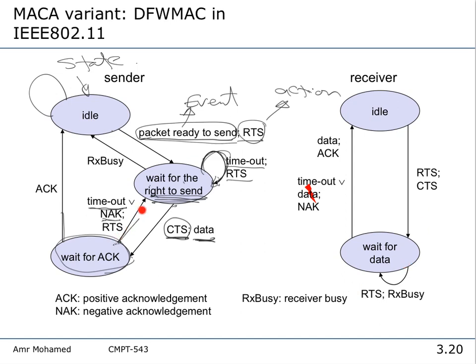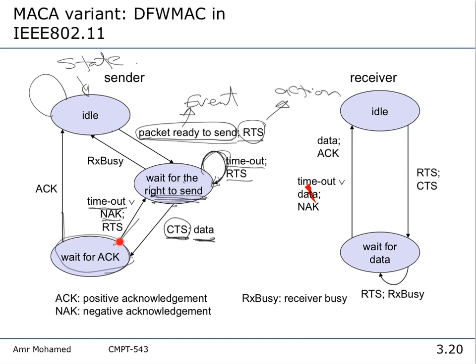So if I receive a negative acknowledgement or a timeout, then I send an RTS and I go here. When I go here, I will have to wait for another CTS again to be able to send the data. So when I receive the data and so on. If I receive an acknowledgement, then and only then I go to an idle state, because now I have to wait for another packet ready event.